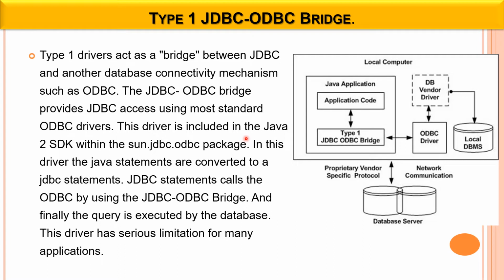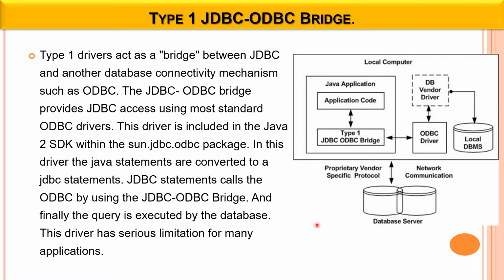This driver is included in the Java 2 SDK within the sun.jdbc.odbc package. In this driver, the Java statements are converted into JDBC statements. The JDBC statements call the ODBC by using the JDBC-ODBC bridge. And finally, the query is executed by the database. This driver has a serious limitation for many applications.